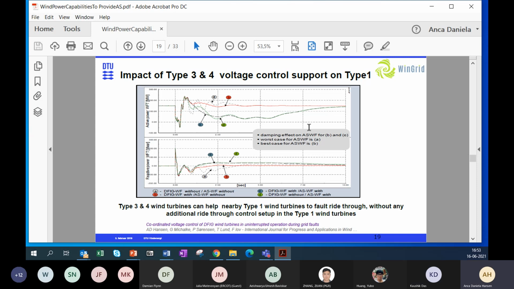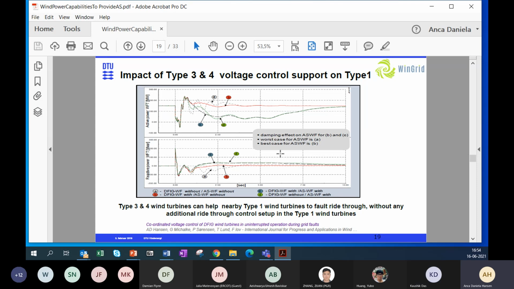We have 4 cases, to show how a type 3 or type 4 wind farm with voltage control equipment can actually help an old-fashioned active stall wind farm nearby with respect to voltage during fault ride-through.